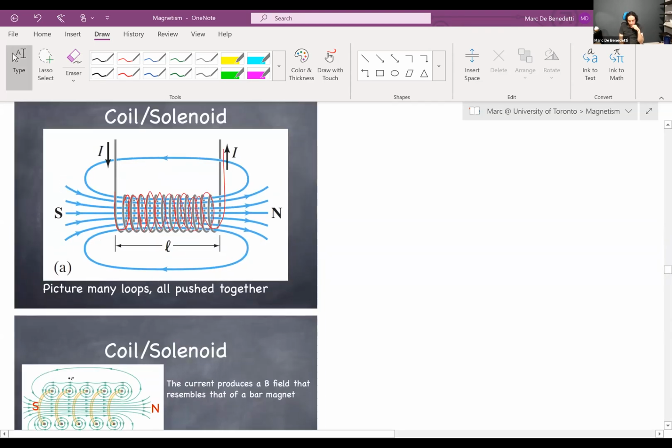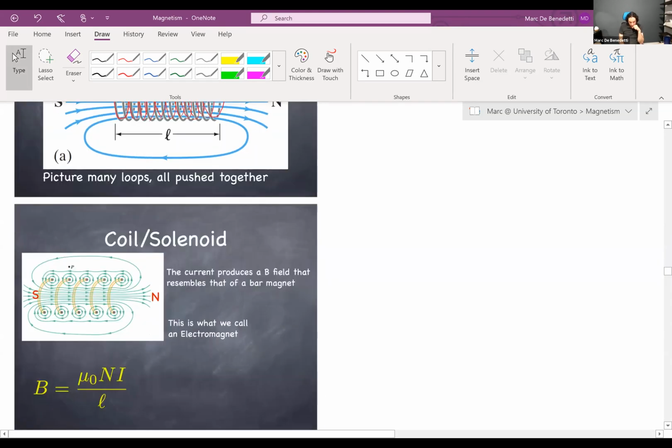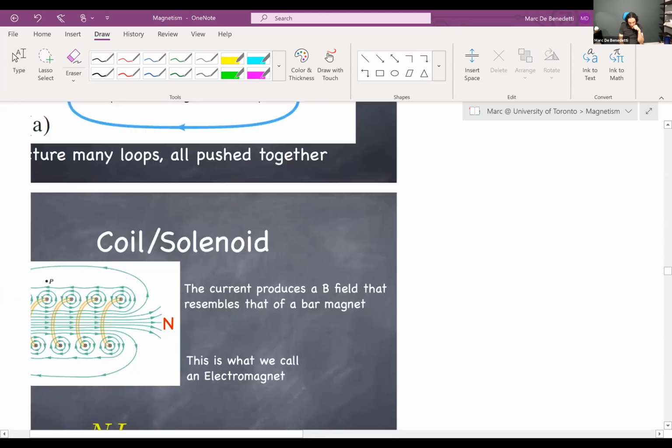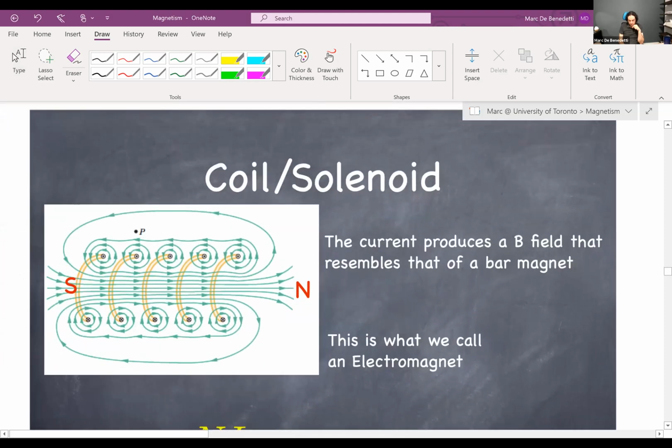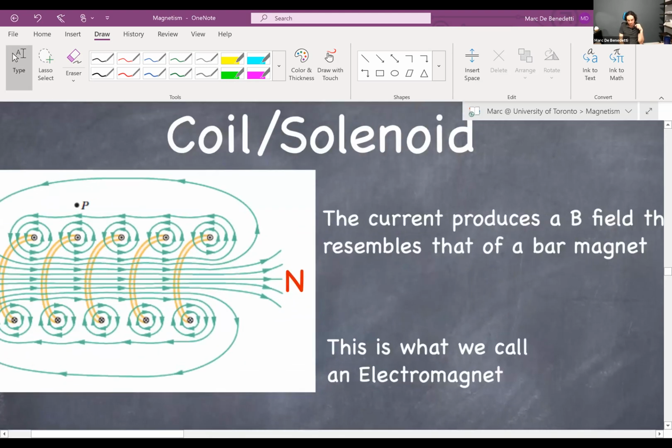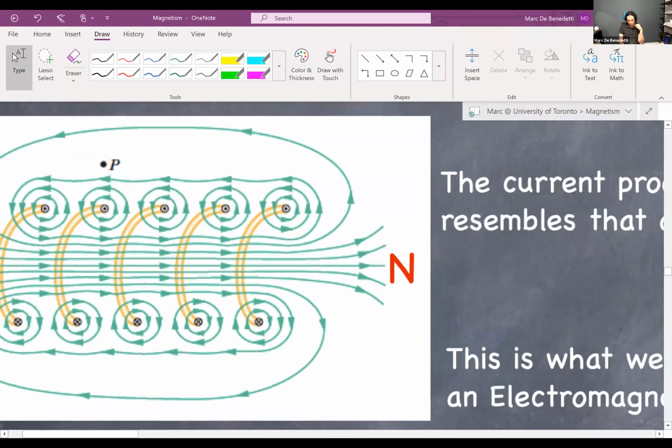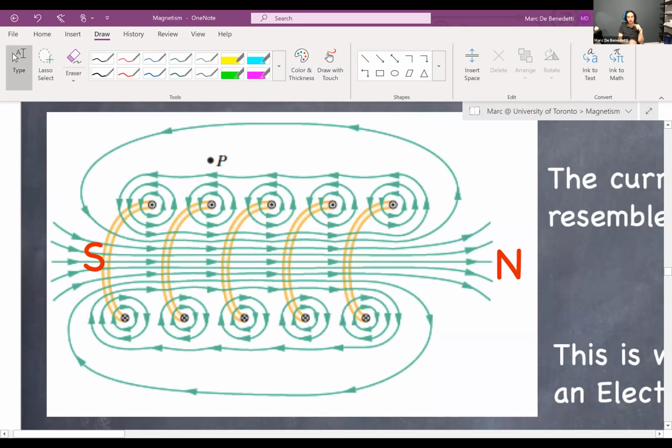Okay, so let's analyze this. We know what the B field looks like due to a single loop. We've just finished reviewing that. So picture the B field due to a single loop, but next to other single loops.